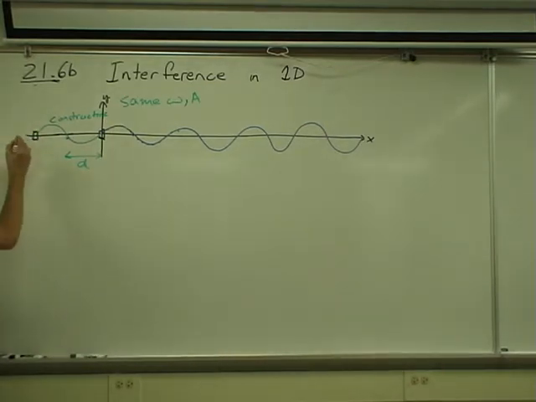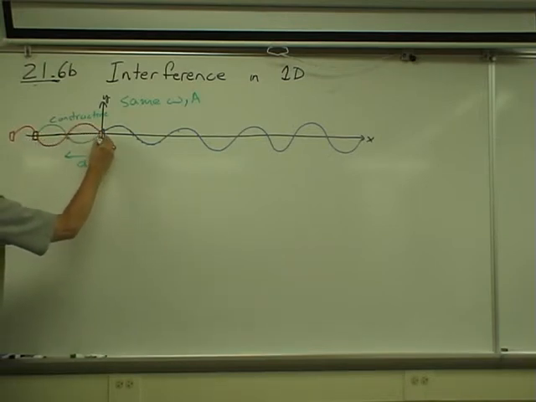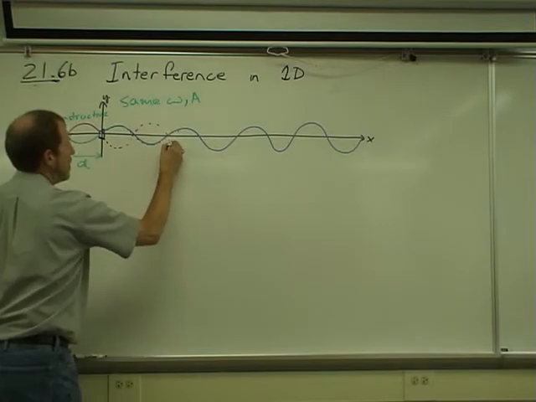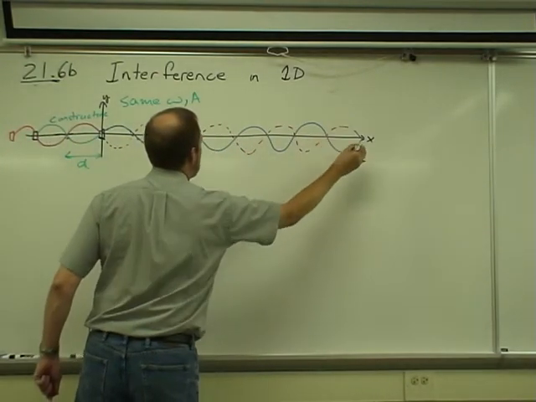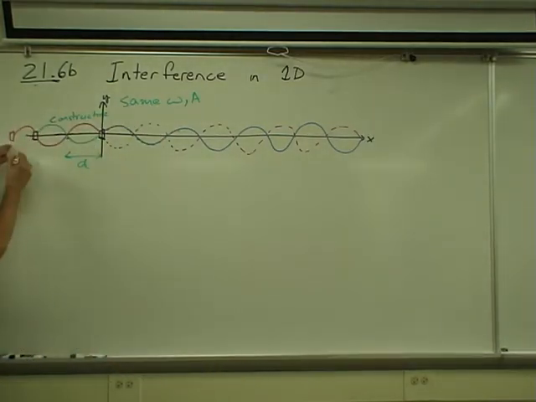If I have some case where this is some integer, 0, 1, 2, 3, 4, 5, whatever, plus half a wavelength.